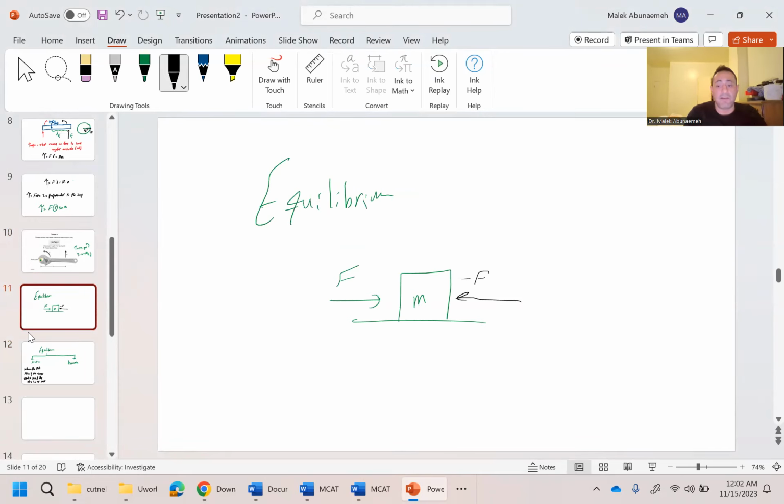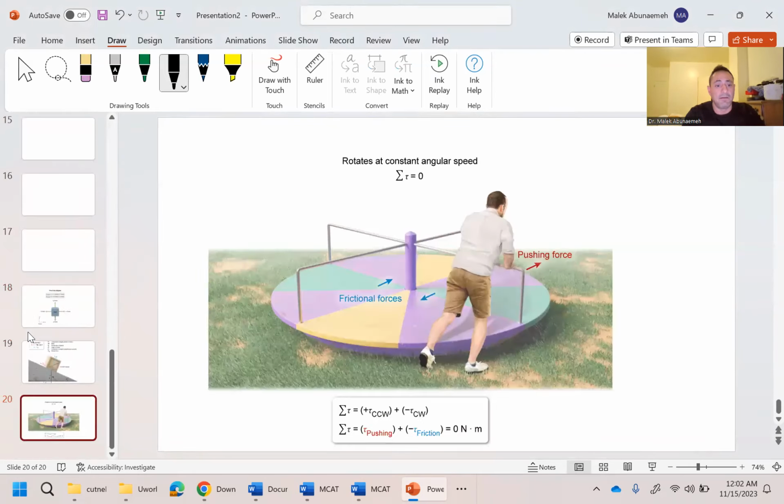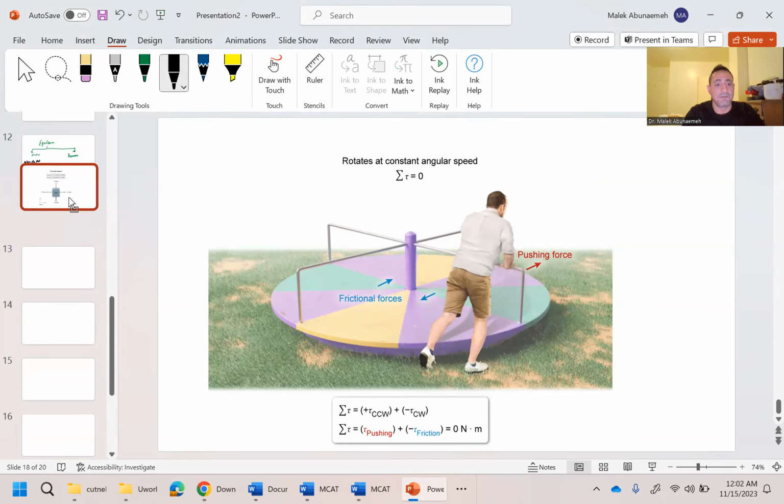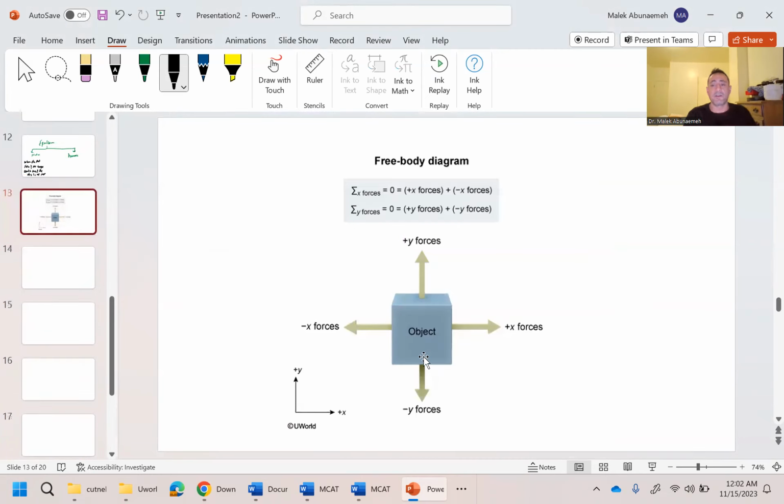I actually got a better visualization here. Let me just bring this up. This is a free body diagram of the object. You usually have the weight going on there, which is your mass times your gravity, and then you get your normal force, which is opposite, and you get your x forces going in the x direction, in the positive direction and the negative direction.